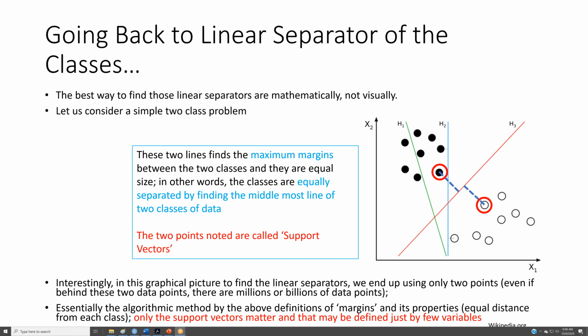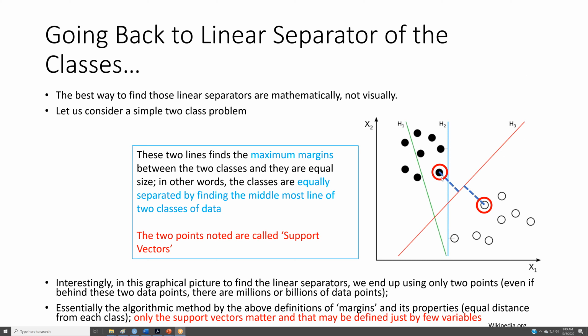So what we are talking about is something called maximum margin. In addition to equidistance, we want to talk about maximum margin. The margin is the whole collection of points, and this whole collection of points.